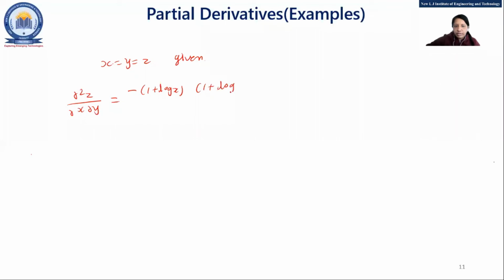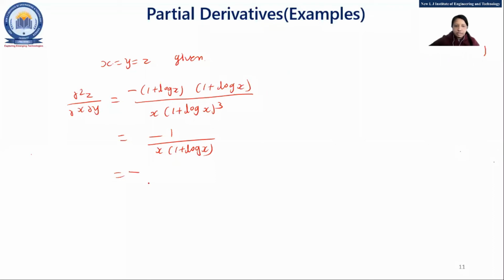The meeting may end in a few seconds, right? So we can say what? 1 plus log x, instead of z also, that is x, right? So from that, this is supposed to be cancelled out. So 1 upon x into 1 plus log x. Fine, that is cancelled out. Now what happened?